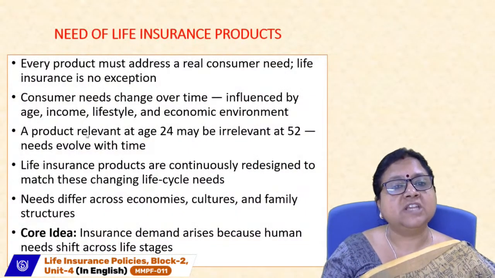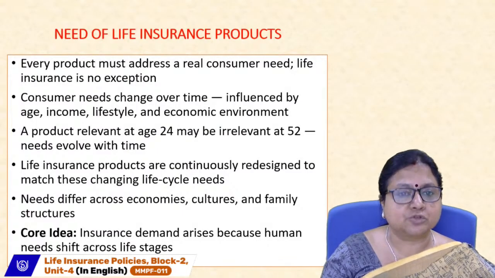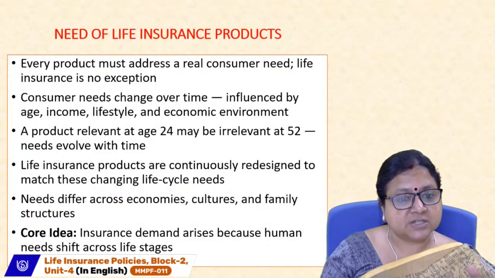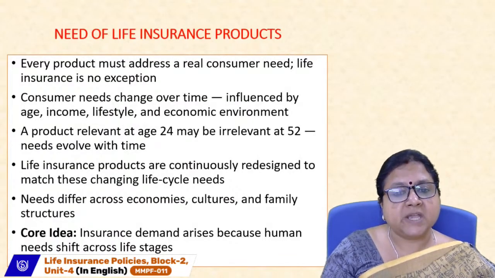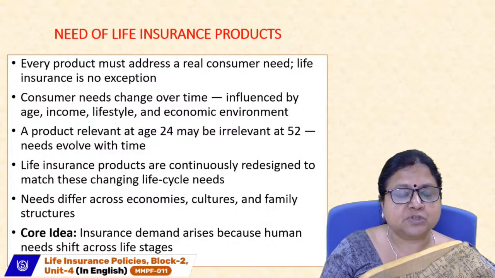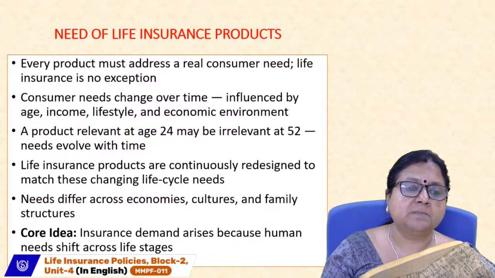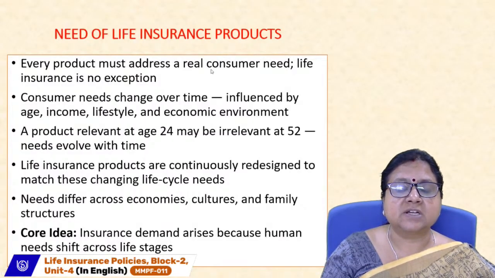So moving on to the need for life insurance products. There are different types of schemes available in life insurance, which we will be discussing in detail in the further slides. Based on the need of the individual, different types of schemes are customized by the insurance company. Every product must address a real customer need, and life insurance is no exception.